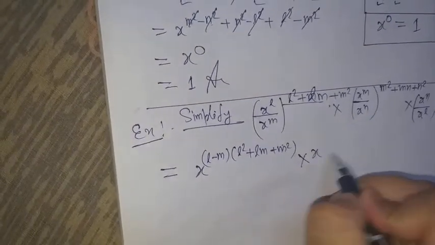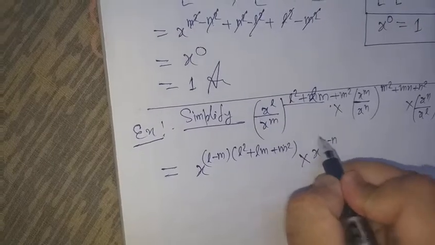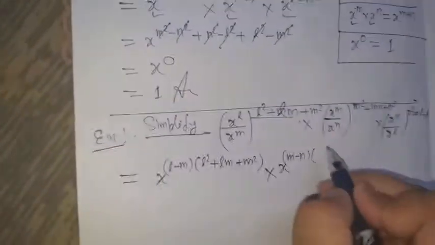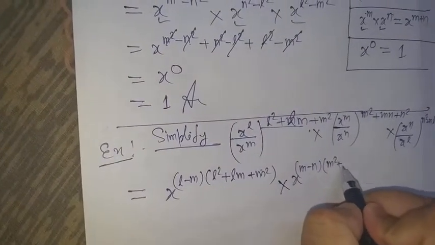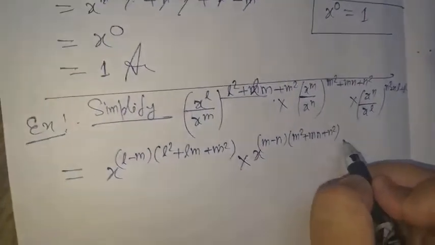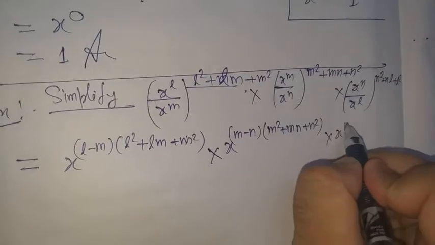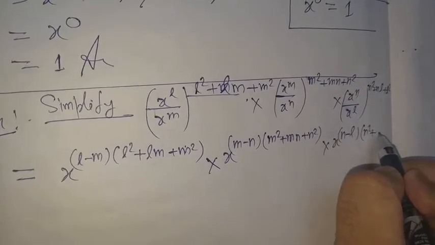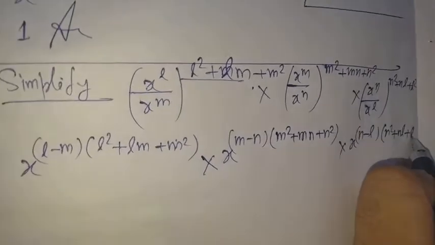Similarly here m minus n, with m square plus mn plus n square, and similarly x to the power n minus l, with n square plus nl plus l square.